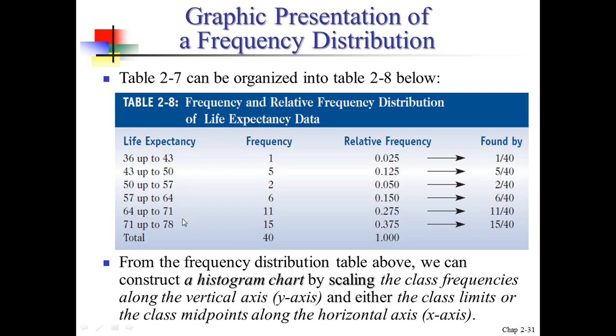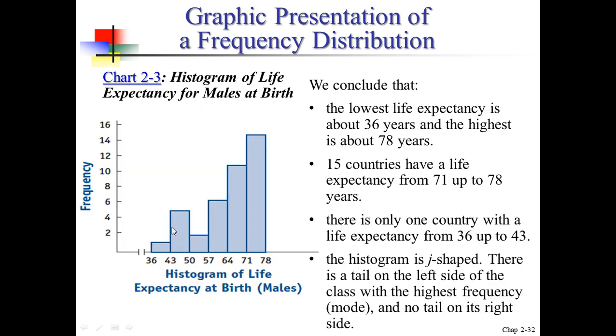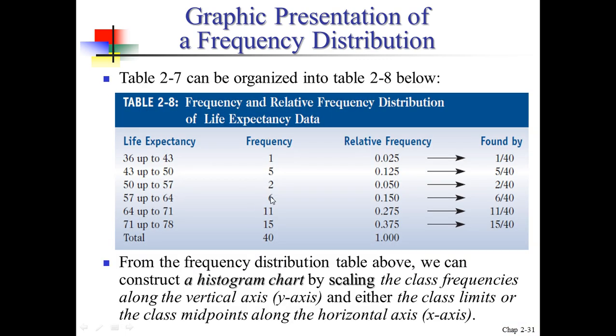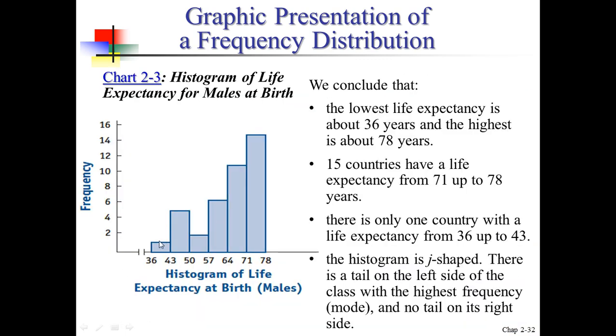So based on this frequency distribution table, I can make it like this. From 36 to 43 there is only 1. From 43 to 50 there are only 5. Then 2, 6, 8, and 11, and 15. So the frequency is done.